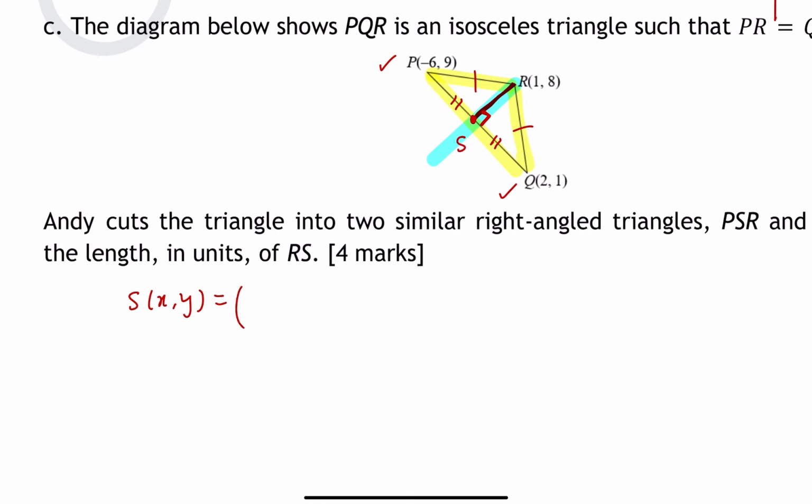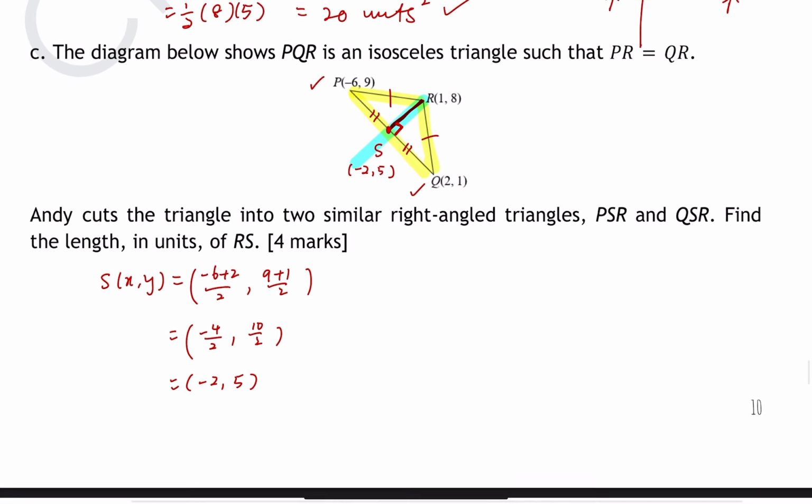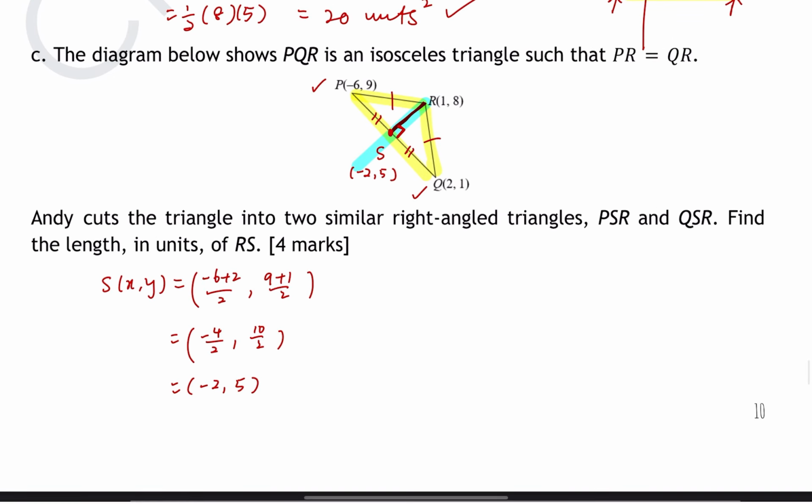So over here, I would have negative 6 plus 2 over 2, as well as 9 plus 1 over 2, which will bring you negative 4 over 2, 10 over 2, and negative 2, 5 is the answer for your coordination S. Okay, so S here is negative 2 and 5. So the second part, the question is asking you to find the length of RS, which means you are looking for this line.